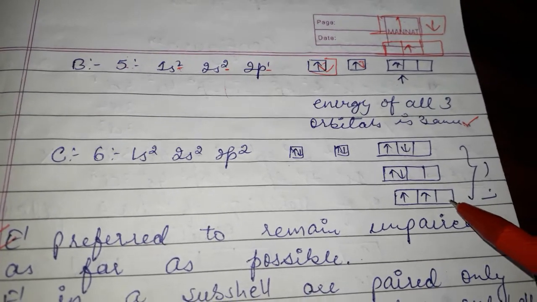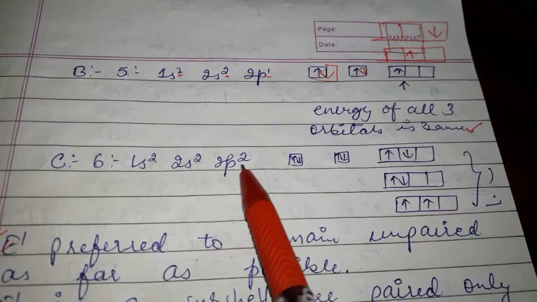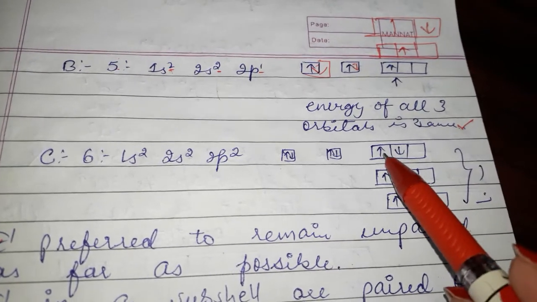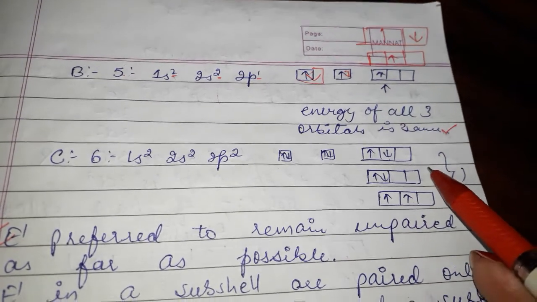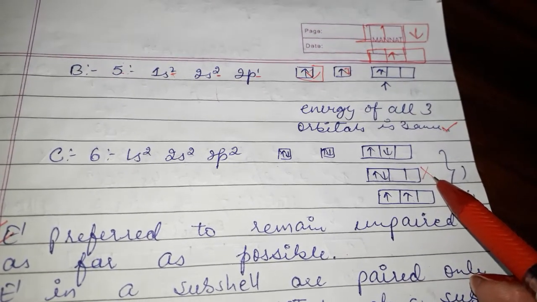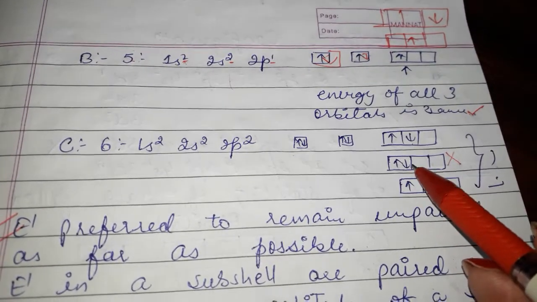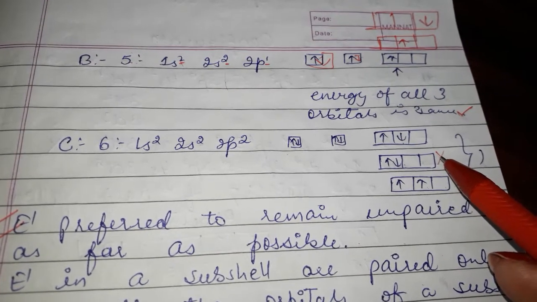Similarly for carbon, these are the 3 arrangements of carbon: 1s2 2s2 2p2. Now this can be true, this can be true, but this cannot be true. Why? Because according to Hund's rule, no pairing can be done until all the orbitals are half filled.